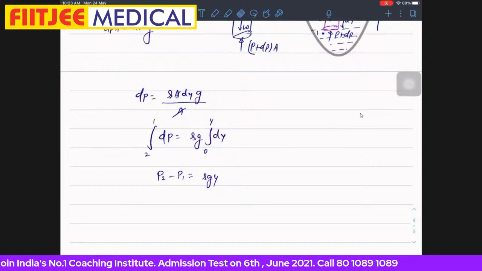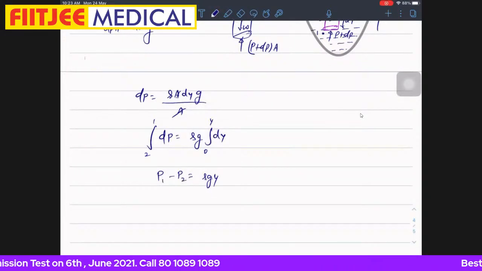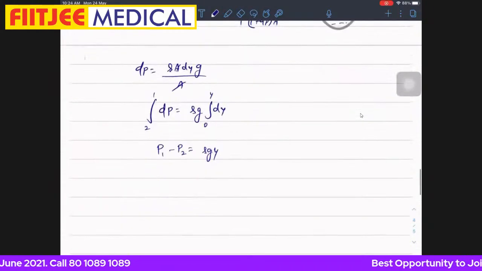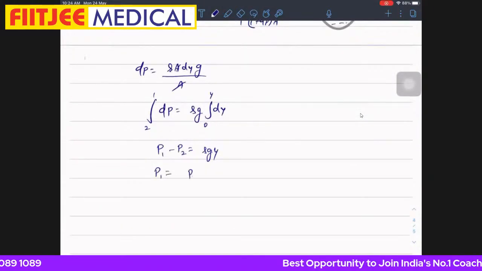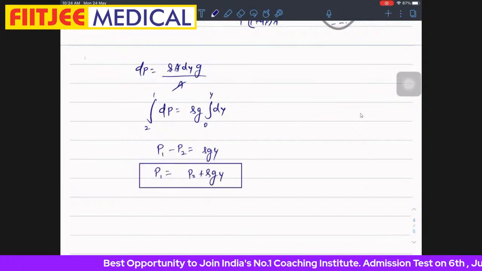So p1 minus p2, because we are moving in downward direction, so p1 minus p2 equals to rho gy. So P1 will be equals to P2 plus rho gy. You can see that pressure in the downward direction is increasing.